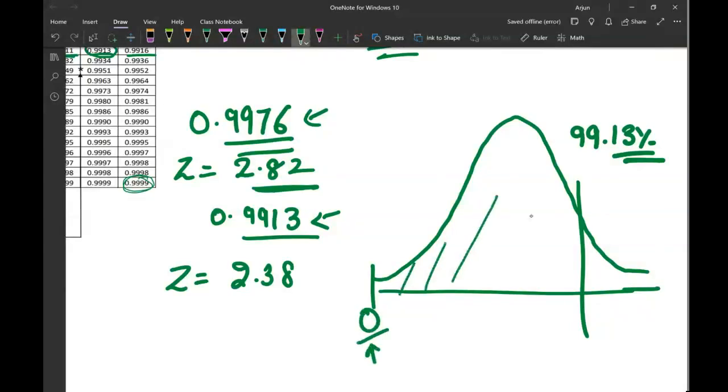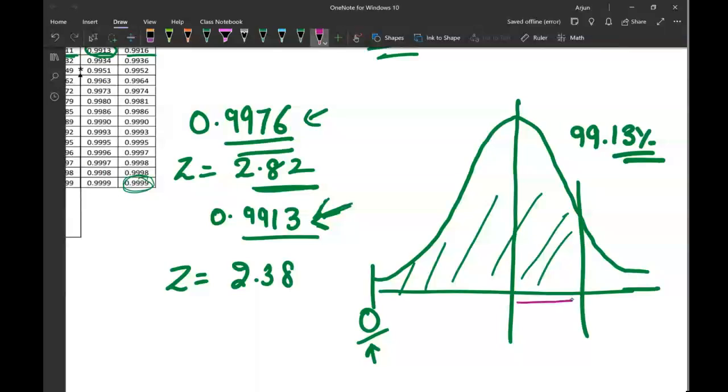This is the section you are covering. So probability is telling you how much of the section you are covering, and corresponding to that, the z value, which I'm going to represent on this horizontal line, comes out to be 2.38. Now let's say you were given the value as 0.9914.